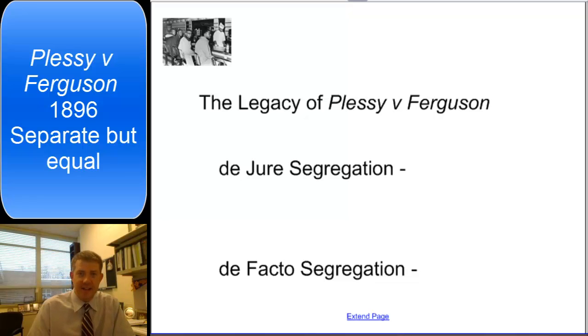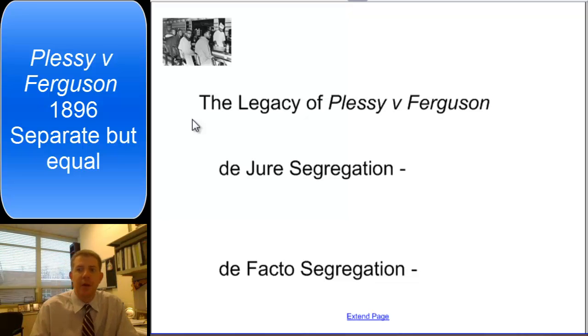What that did is it made segregation of the races something that was okay and valid based on a legal basis. That is what we call de jure segregation. So segregation on a legal basis, segregation that is based on laws, Supreme Court or state court decisions. And that was a very real factor of American life in the early 20th century into the 1930s, 40s, and 50s.